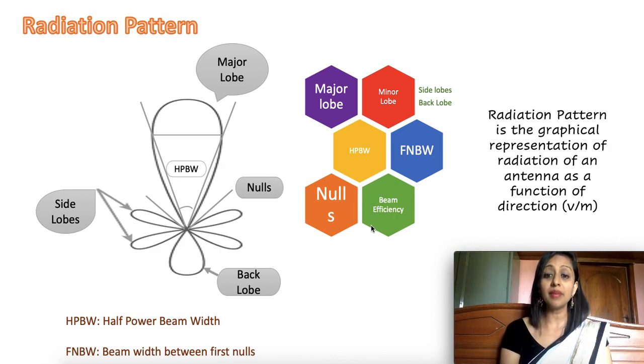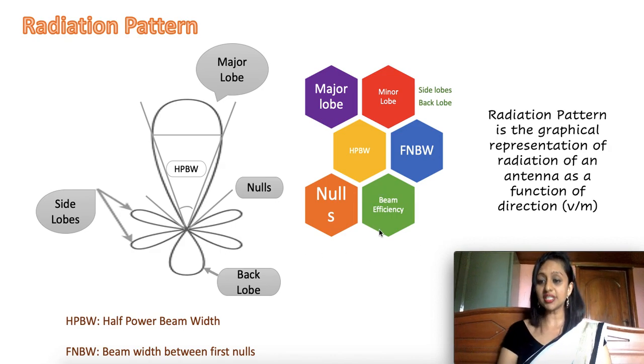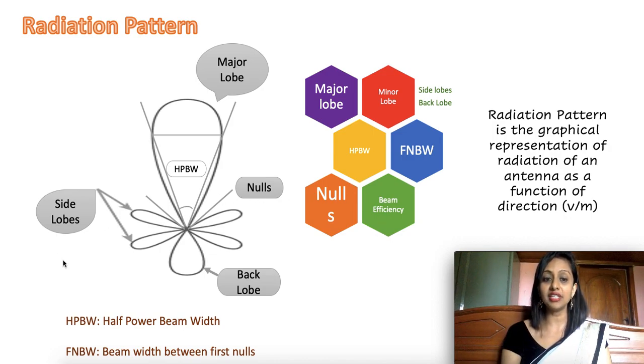Beam efficiency. Efficiency would have been 100% if I didn't have these minor lobes at all. These are unwanted lobes. When I throw out my information, my intention is that it should not go anywhere else apart from my straightforward direction. Since it is going, my efficiency would definitely reduce, right?